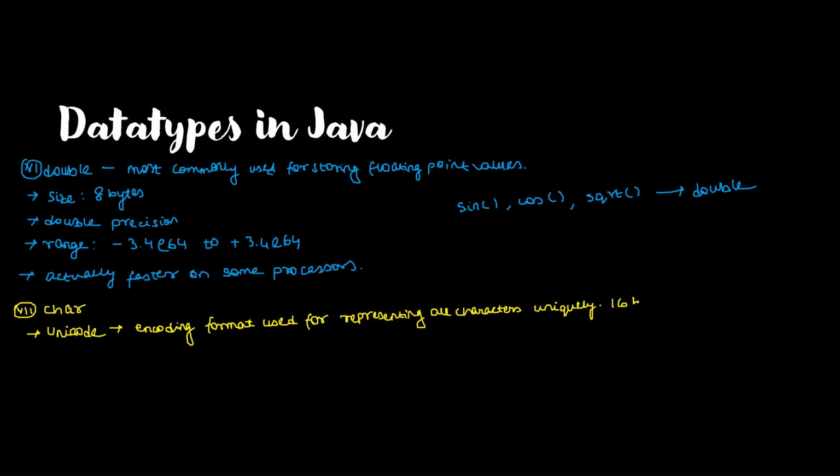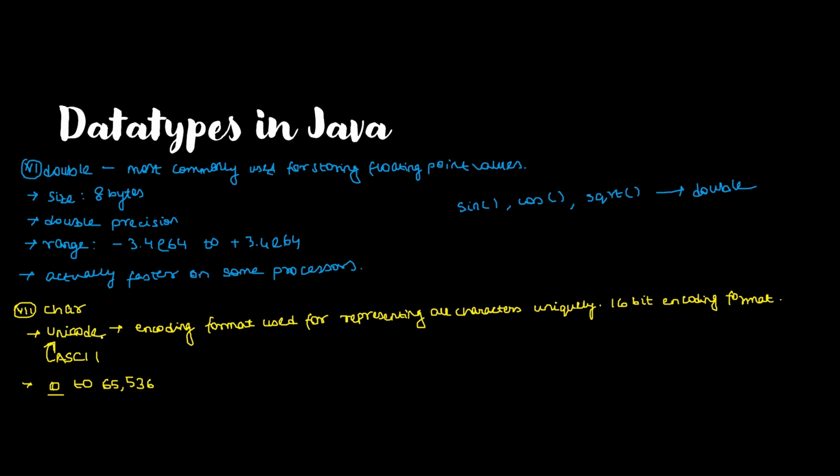It's a 16-bit encoding format, which is known as the Unicode. Before this, there was ASCII, but ASCII was then superseded by Unicode because it included ASCII within it. So yeah, the range of a char data type is from 0 to 65536. Now you might have a question, why 0? Why not a negative value? Well, a character in Unicode cannot have any negative values.